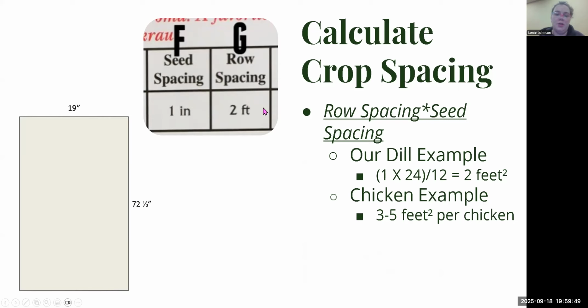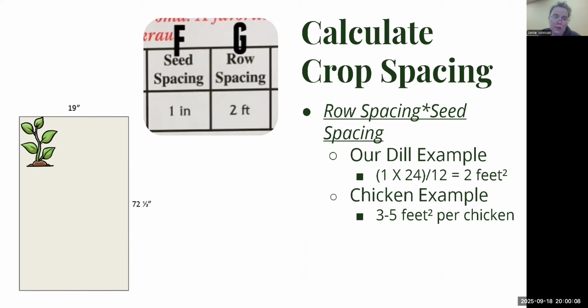These are in two different units, 1 inch and 2 feet. 2 feet is 24 inches. So we can multiply row spacing by seed spacing. 1 inch times 24 inches, in parentheses, divided by 12 gives us 2 square feet.